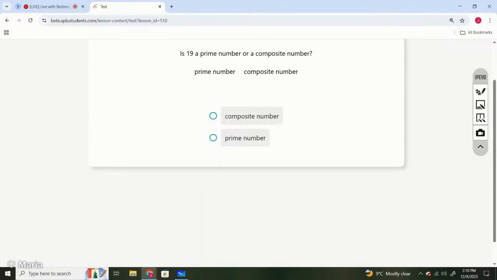Is 19 a prime number or a composite number? 19 is a prime number because 19 has only two factors. So 19 is a prime number.